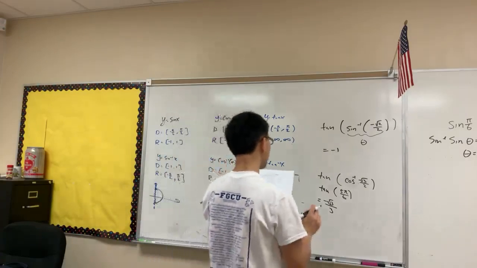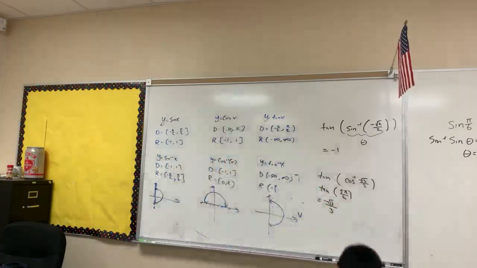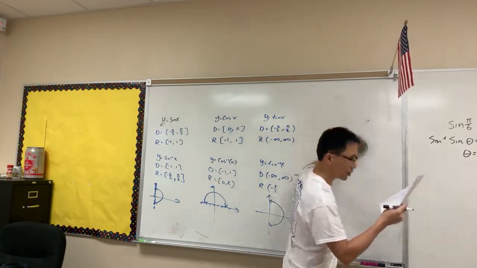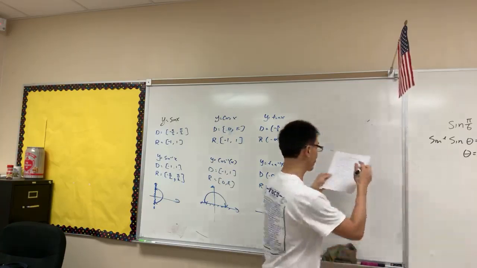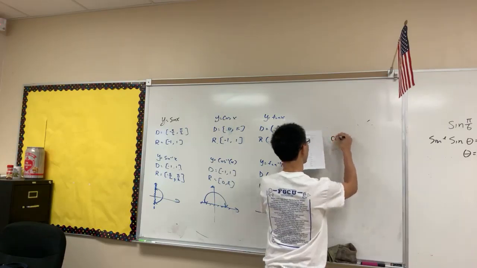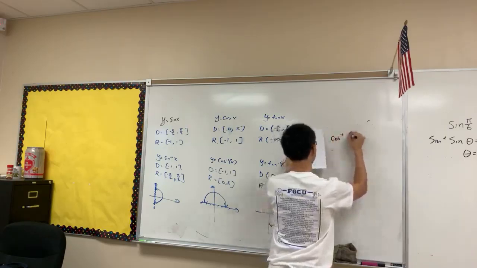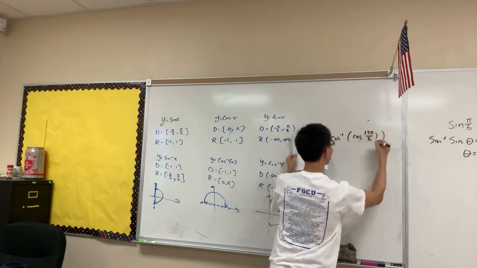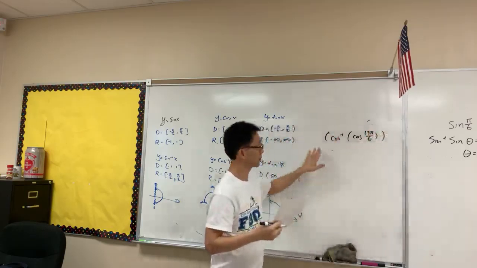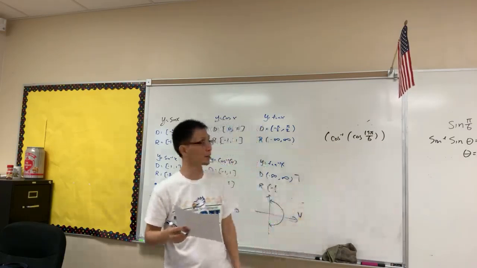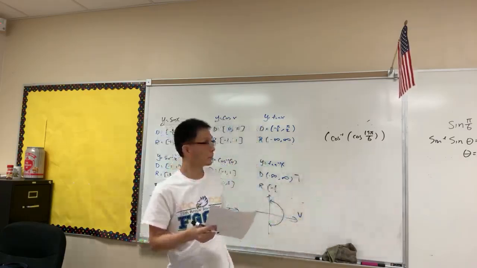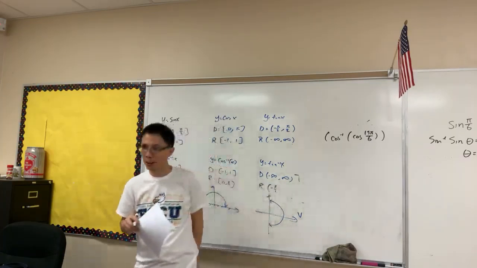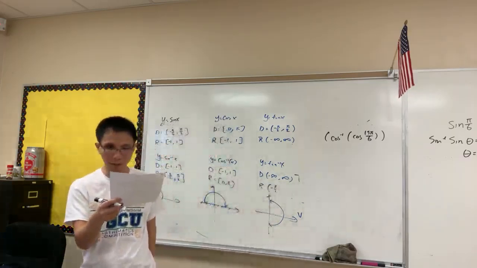So we're also going to get questions like this, the other way around, for example number 3. Slow down, okay. Cosine inverse of cosine of 19 pi over 6. You just start from the inside out, and then you can solve the problem.